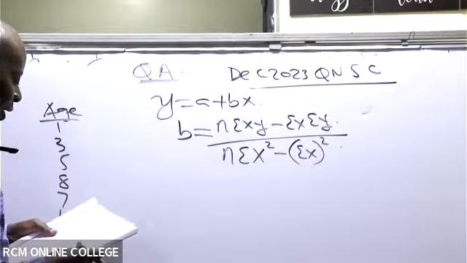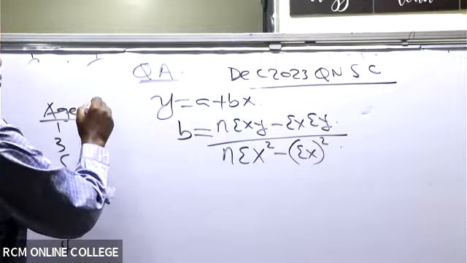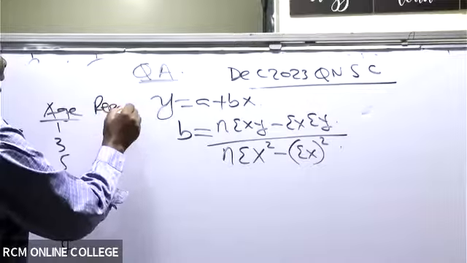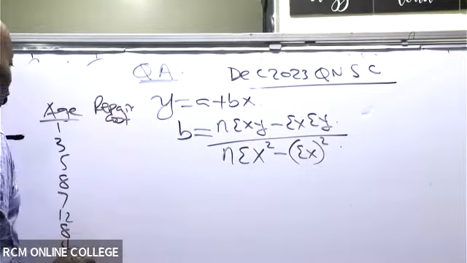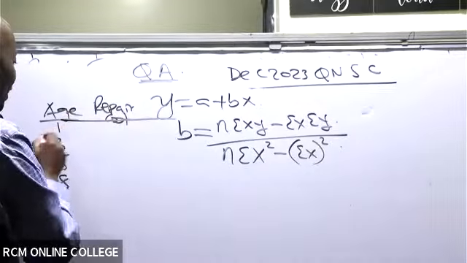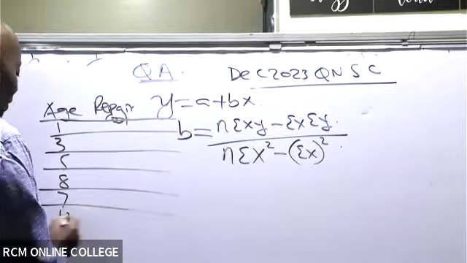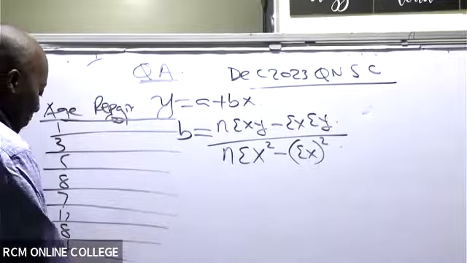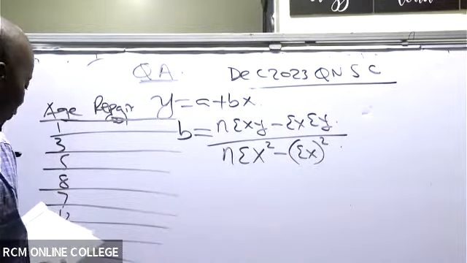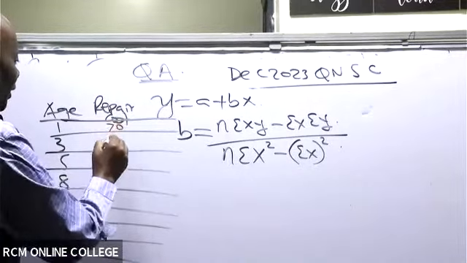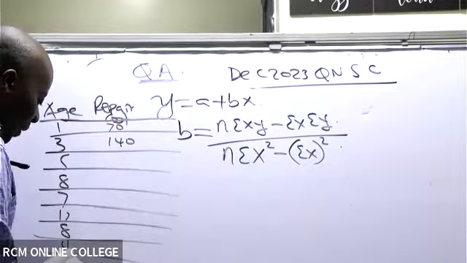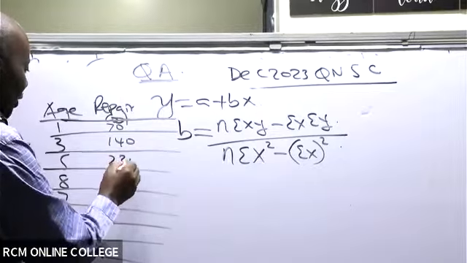And then we have repair cost. What do we have here as our repair cost? The first one is 70. Then we have 140. Then we have 230.